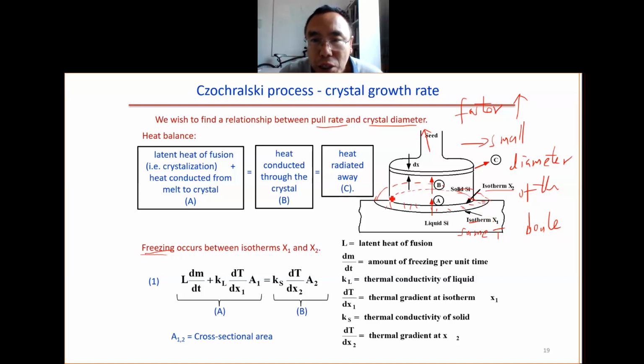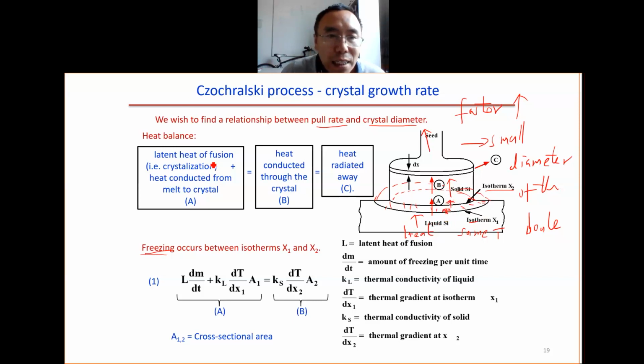Isothermal means this cross section has the same temperature. Now we figure out the heat from the liquid, through this cross section and across here and move out.